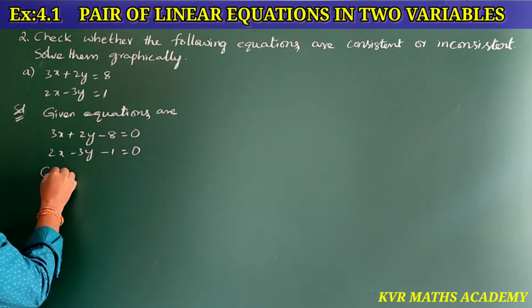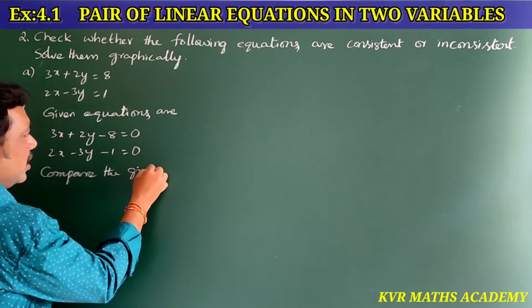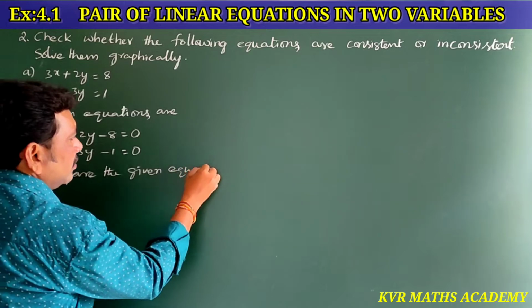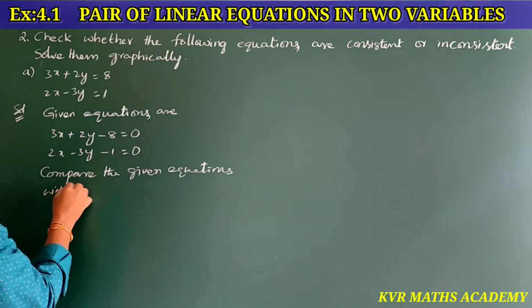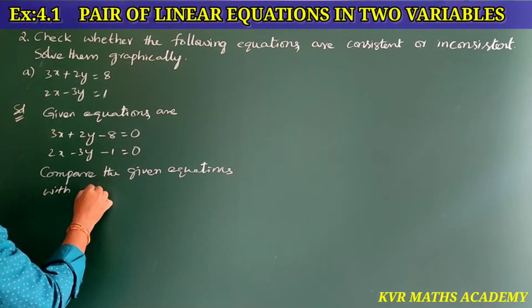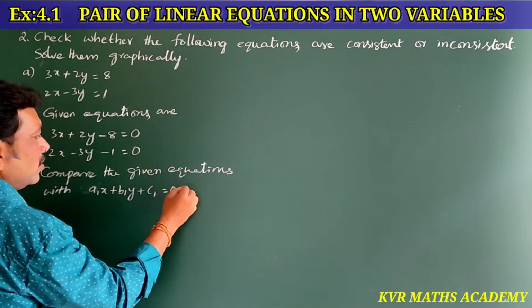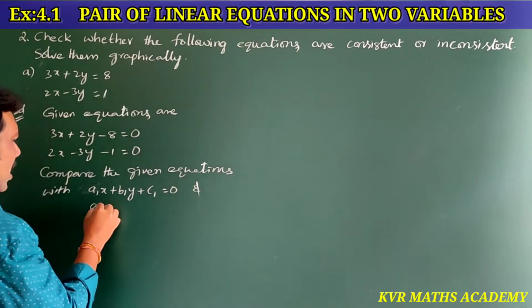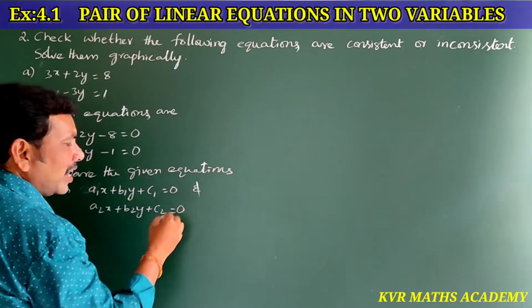Compare the given equations with a1x plus b1y plus c1 is equal to 0 and a2x plus b2y plus c2 is equal to 0, right?